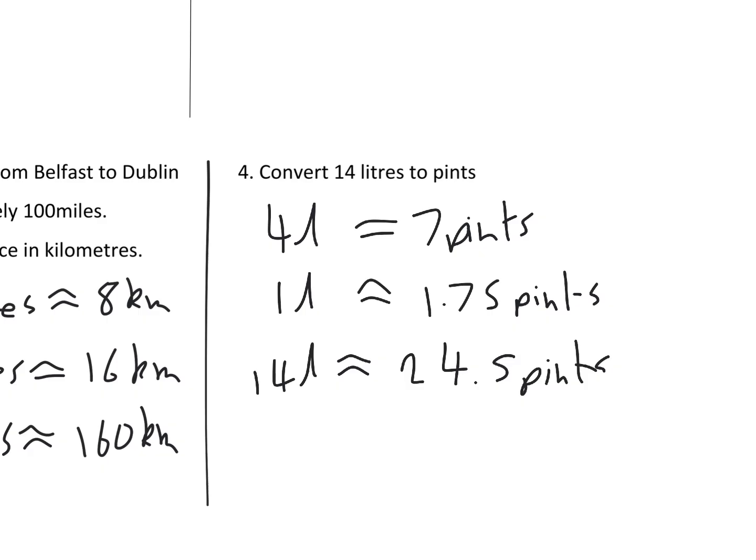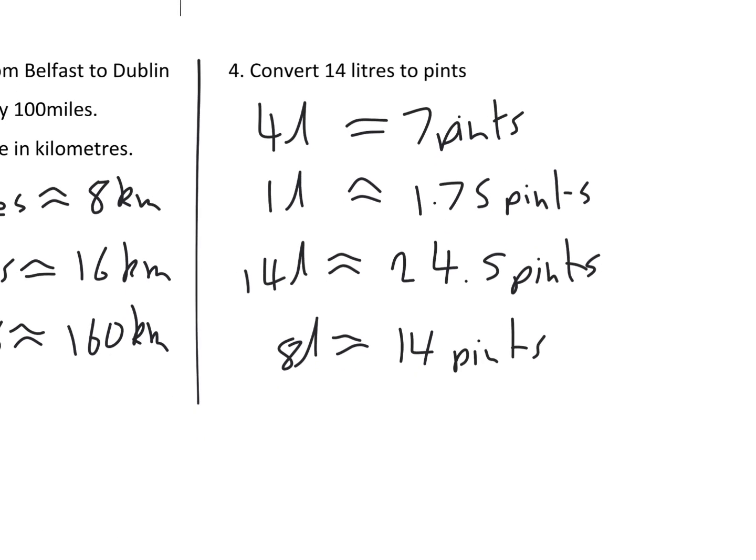So how would I do it non-calculator? I know that 4 litres is 7 pints, so I would get 8 litres would be 14 pints. Add on the 4 litres, which is 7 pints. Or I could just triple it really, which would be 12 litres is approximately 21 pints.